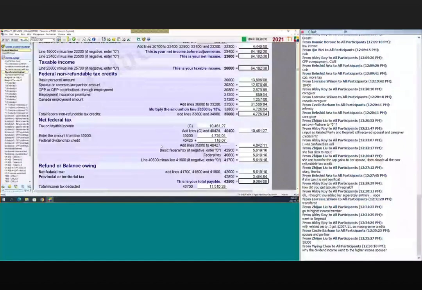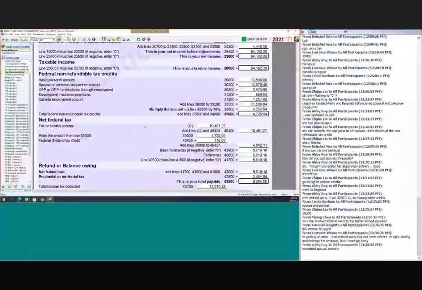So the question in the chat is, why did the dividend income go to the higher income spouse? Anyone want to answer that question in the chat? That's great.